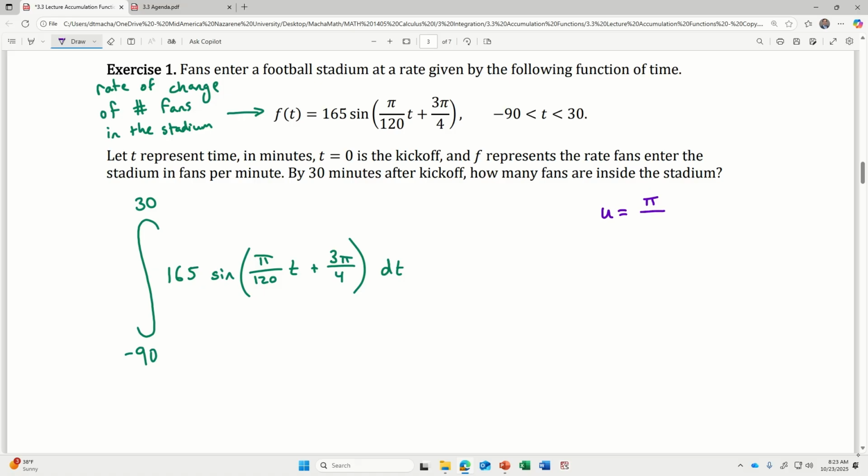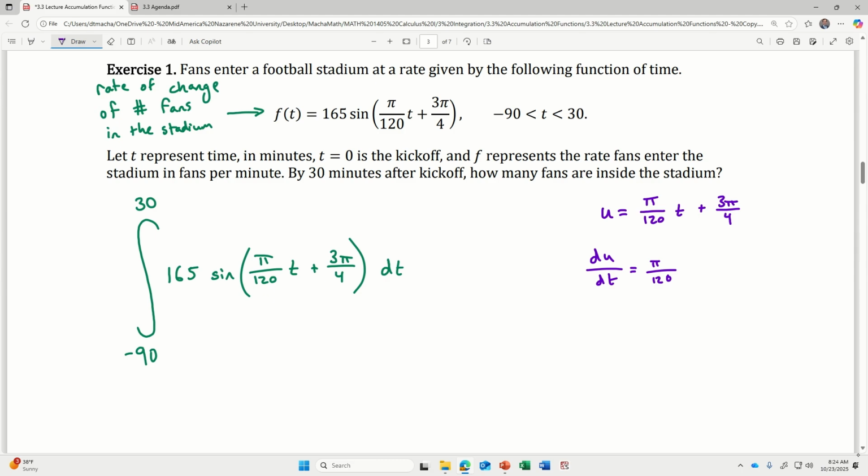So the derivative of u with respect to t is going to be pi over 120.